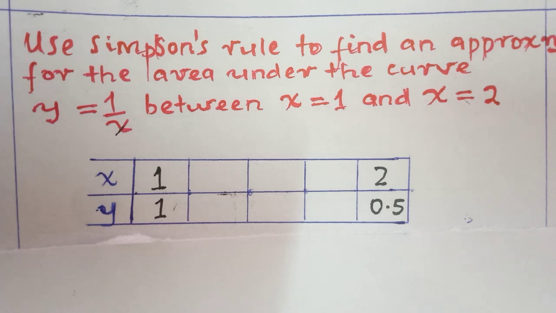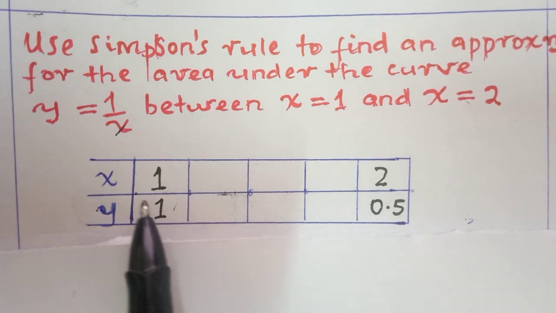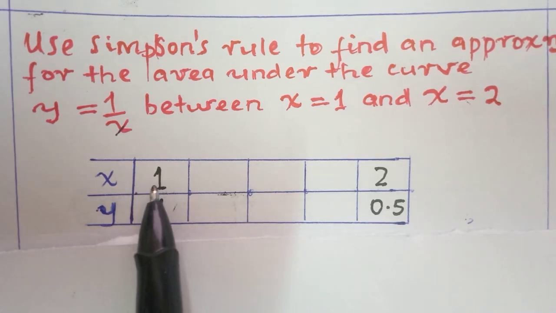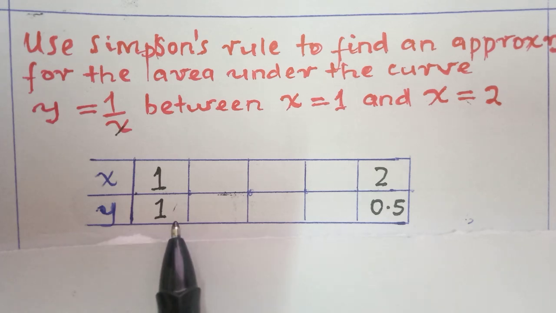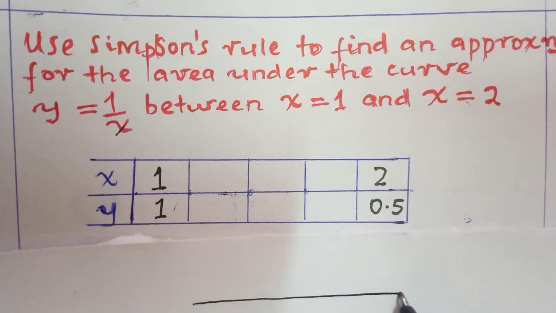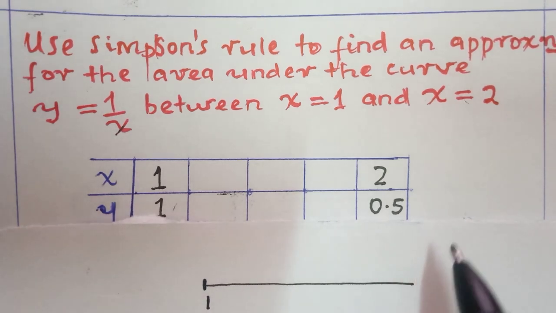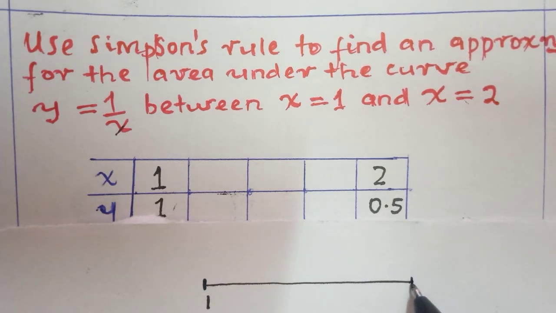And so guys, I am going to now look for values of x and values of y. I can draw a line here and say that point number 1 is the lower limit and the upper limit is point number 2.